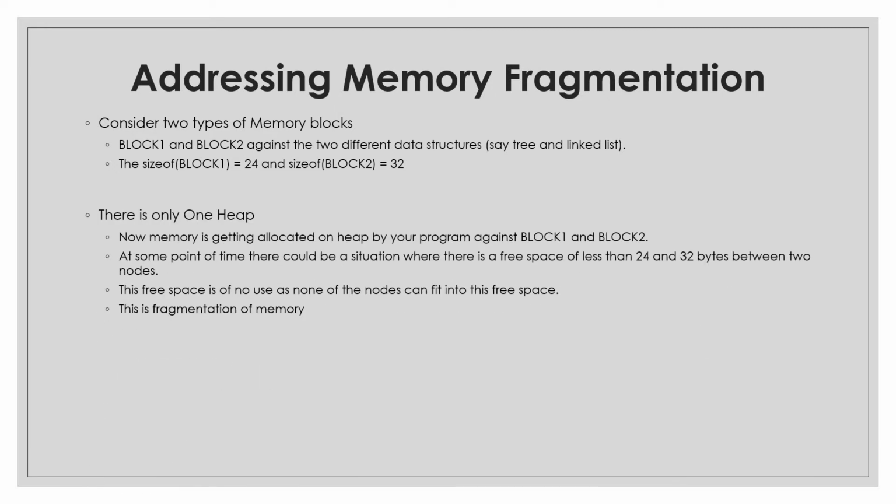Since you have only one heap, memory will be allocated for these blocks on the same heap. At some point, there could be a situation where there is a free space of less than 24 and 32 bytes between two nodes. This free space is of no use, as none of these nodes can fit into it, because you already know that a block of memory is allocated contiguously.